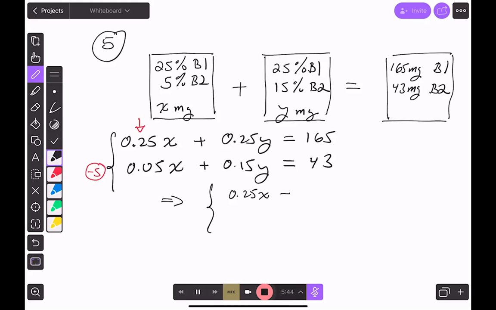0.25x plus 0.25y equals 165. Let's see, minus 0.25x minus 0.75y equals minus 215.